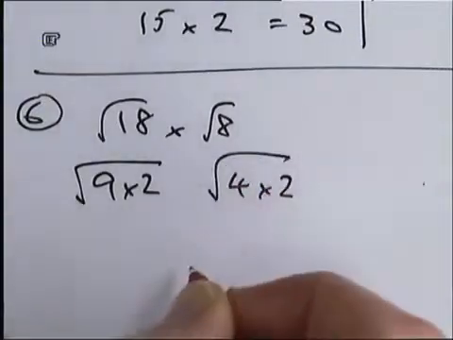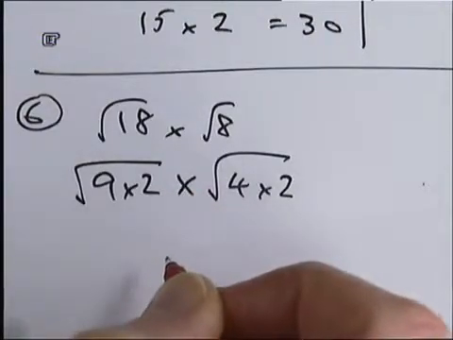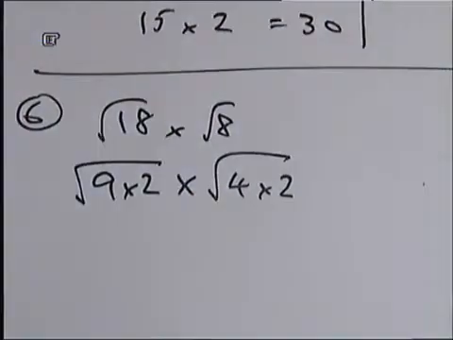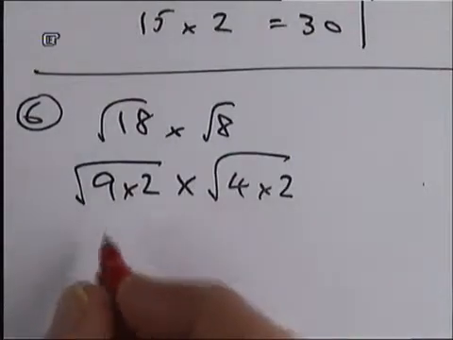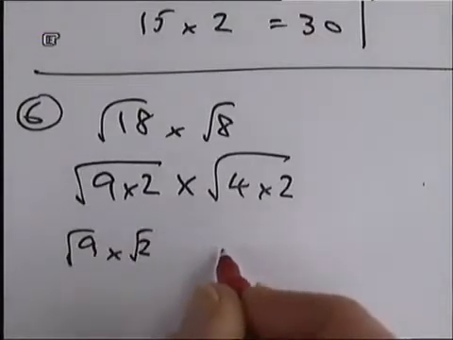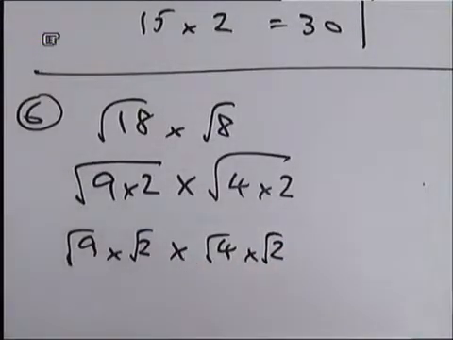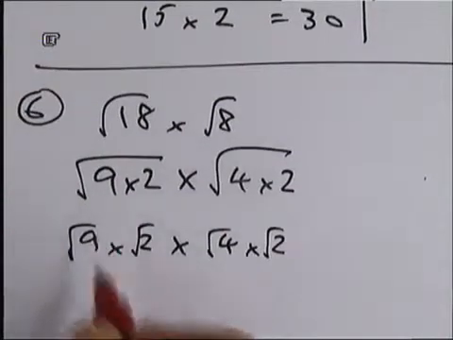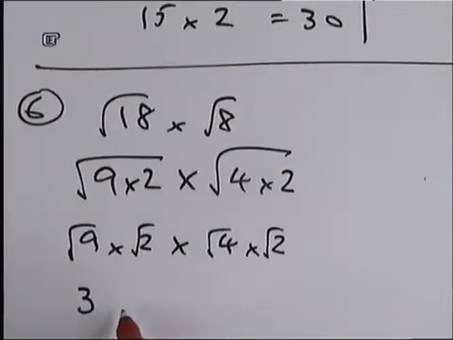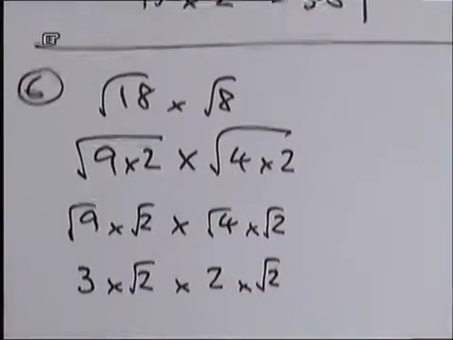So I can simplify these surds first of all, same way as we've done previously. I can then split these up into root 9 times root 2, and over here root 4 times root 2, and they're all being times together. Root 9 is 3, I'll leave that root 2 in there for the time being. Root 4 is 2, and I'll leave that root 2 in there.